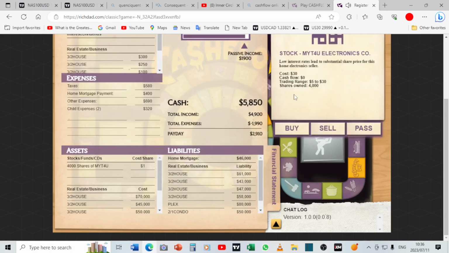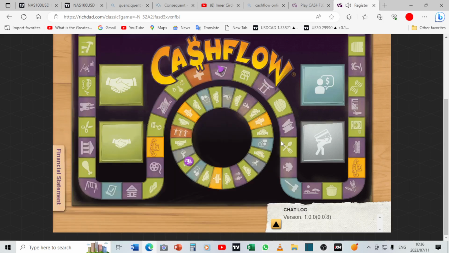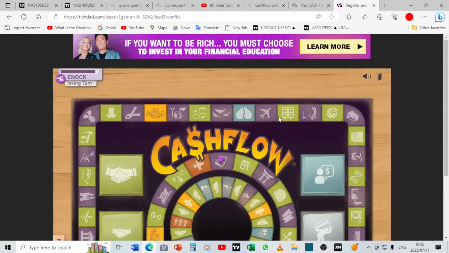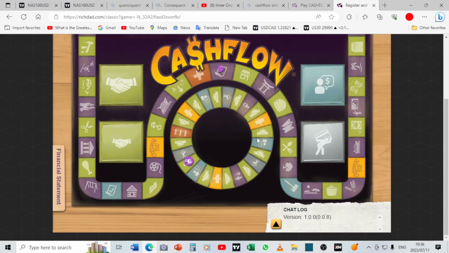Guys, remember 30 and I own 4,000. Those are the ones that I wanted. Let me sell. As big as I want. Pause this. What's going on?